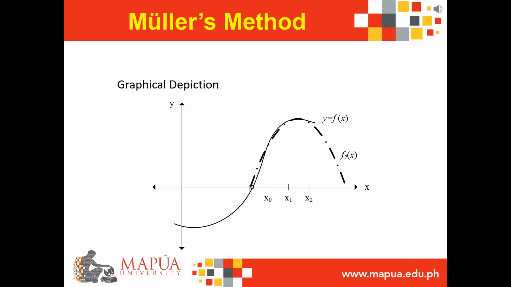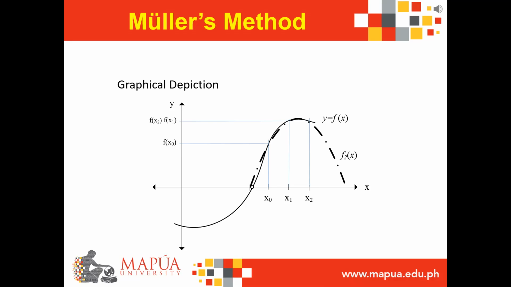The graphical depiction of how the technique eventually fits your given initial values to your parabola looks like this. You set off an initial value x0 with its given function, f(x0), your x1 with your function f(x1), and your x2 with a function f(x2).